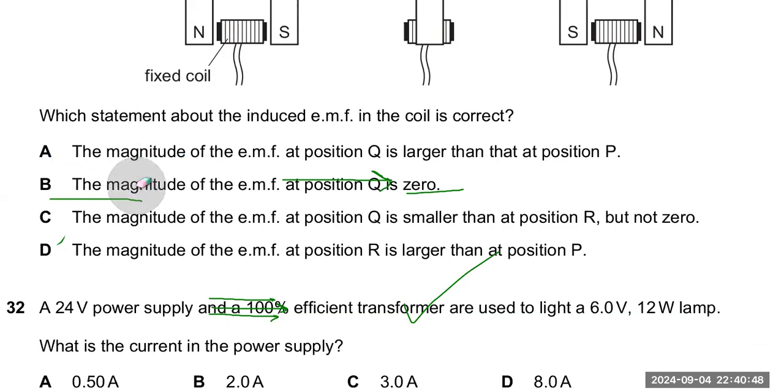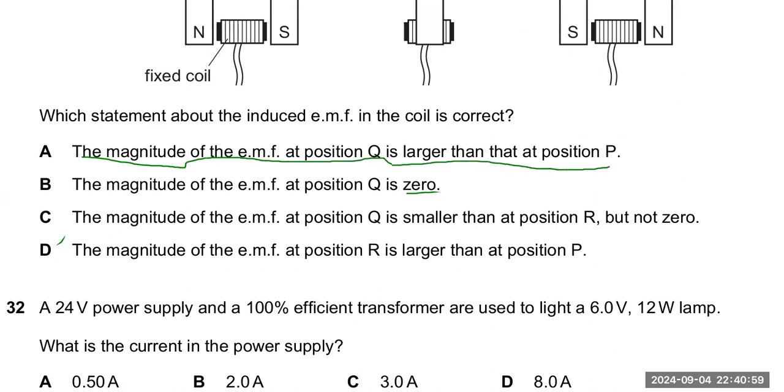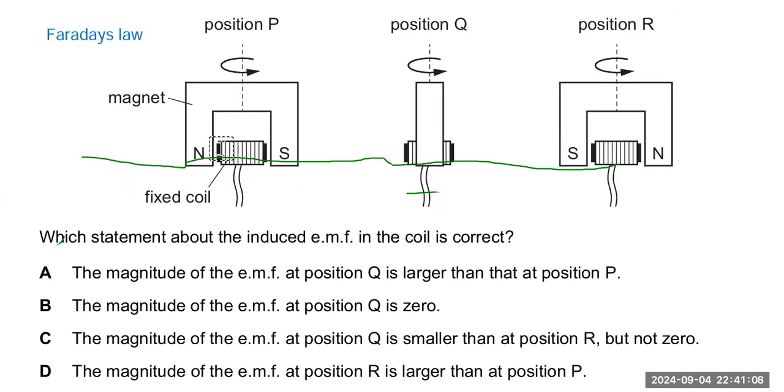Now look at the options. The magnitude of EMF at position Q is larger than at position P. Yes, this is the correct option. As I have told you, in P position there is no change in magnetic field lines.